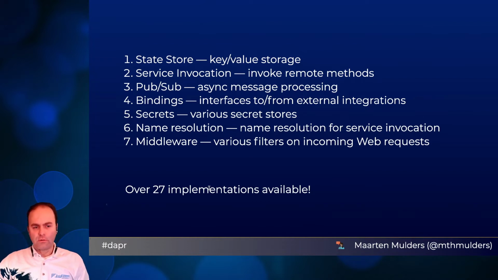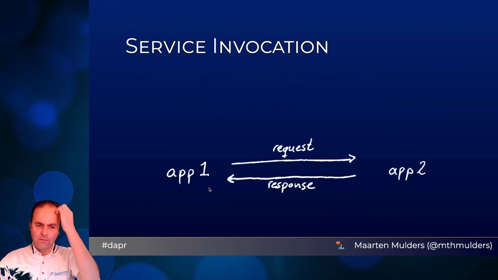For all of those, there are already more than 27 implementations available, both for products that you can install and run yourself, but also for various cloud services like message brokers or whatnot. So chances are pretty big that whatever you already have is covered by it. Let's dive in a little bit.